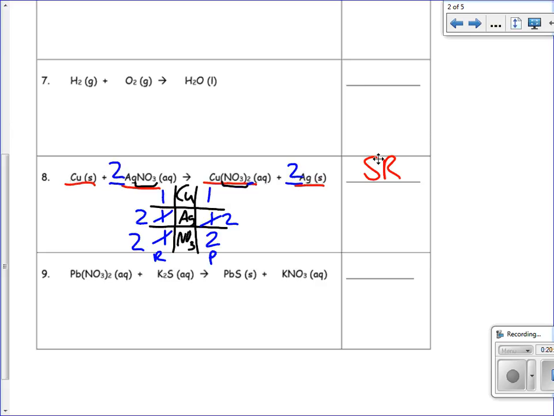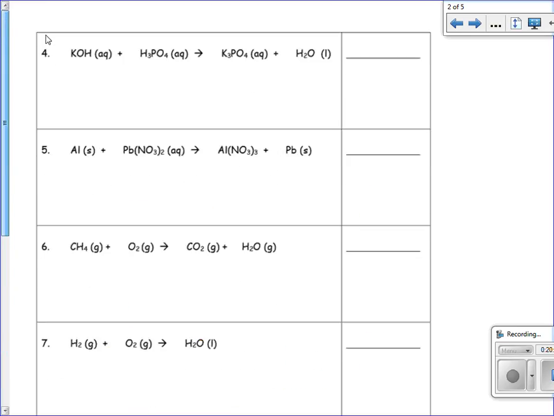Now for the most confusing of all, well, besides combustion, because combustion is kind of hard. But the other confusing one is neutralization. So let's look at the one at the top, which is neutralization. How do I know number 4 is a neutralization? I have a base. Yes, KOH is a base. H3PO4, what kind of acid is that? What's its name?